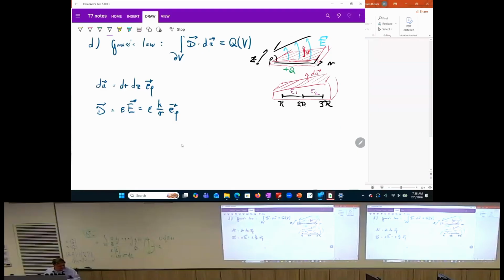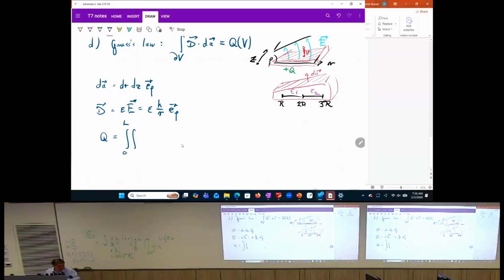So we have to make a two-step integration, one for the volume that extends from R to 2R, and then one for the volume that extends from 2R to 3R. So we apply Gauss's law. The charge is obtained by taking the volume integration. In terms of z direction, it extends from 0 to the length L.